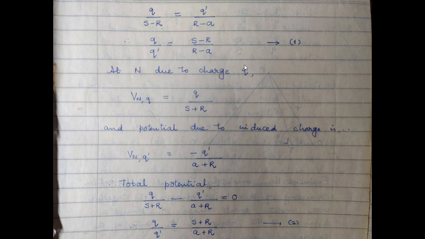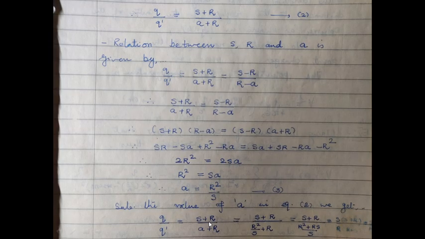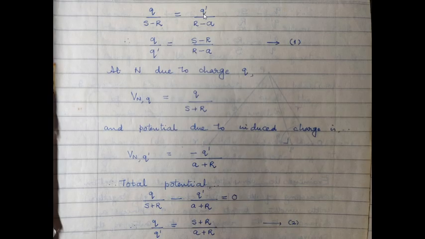So now you can see that we are having two equations. Equation 1 is in the form of Q upon Q dash, and equation 2 is also in the form of Q upon Q dash. So equation 1 and equation 2 can be compared; they will be equal.